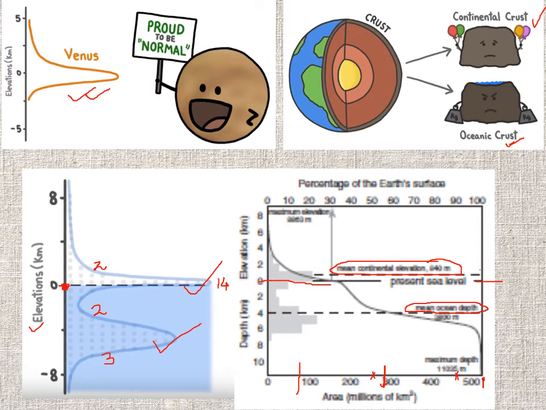So whenever sea level drops, becoming much lower than the present day, more and more continental land part will be exposed. Similarly, whenever sea level increases, more and more land part will be submerged under the water. Okay.